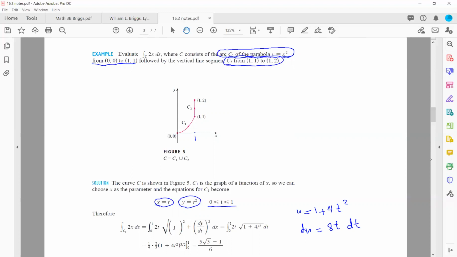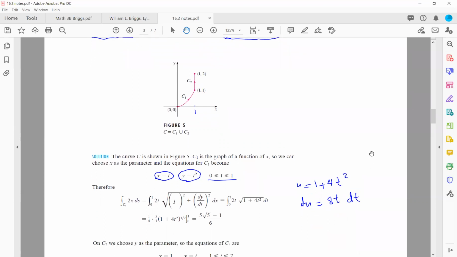So since you have 2, you can multiply it by 4, divide it by 4. So here you have 1 over 4 integral square root of u du. Since u has exponent a half, you add 1, you divide by 1 plus a half.